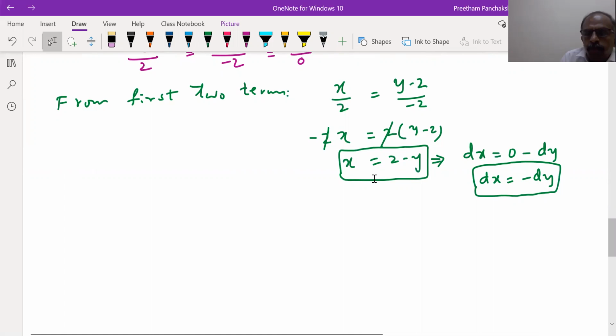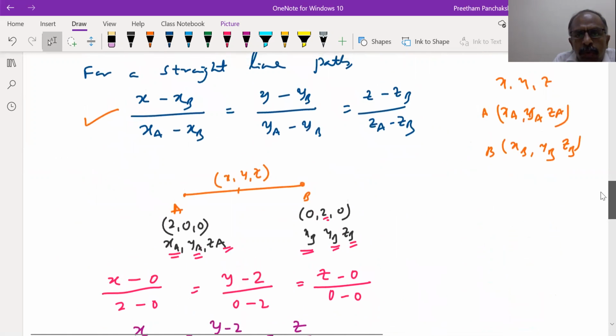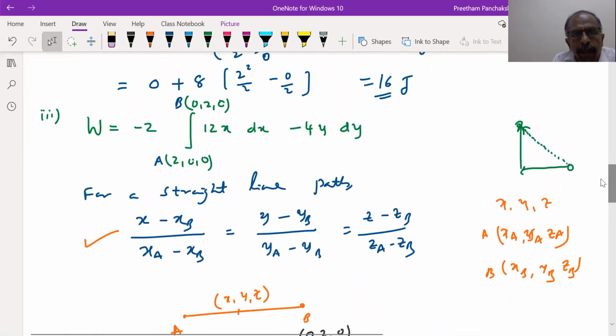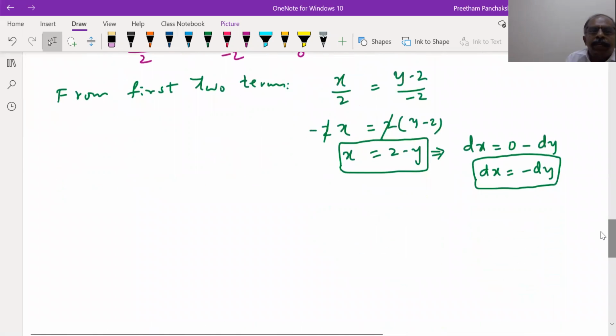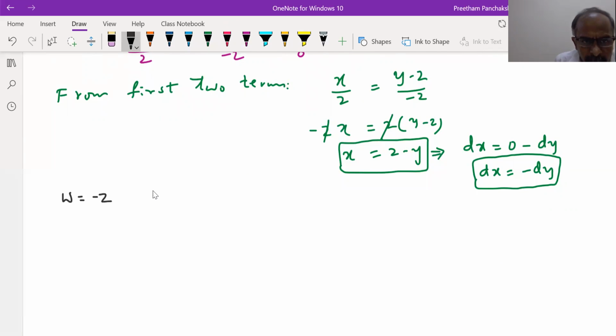So with these two, we can go to our equation of w. You can continue from here. The work done is equal to minus 2 integral of 12x dx minus 4y dy.